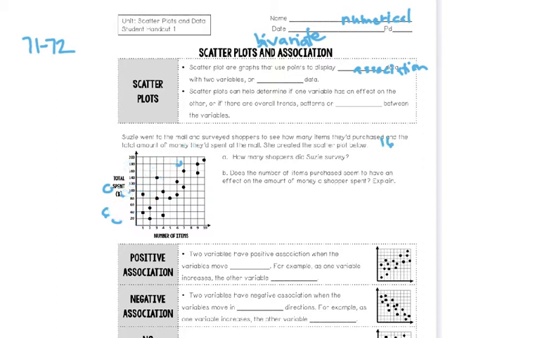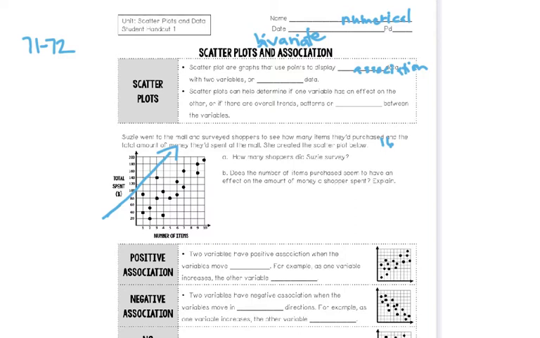Okay, and the next part says, does the number of items purchased seem to have an effect on the amount of money a shopper spent? Explain. Well, overall, you can kind of see that there is a trend: with the number of items you buy, the cost is going to increase. So overall, it seems that people who bought more items also spent more.